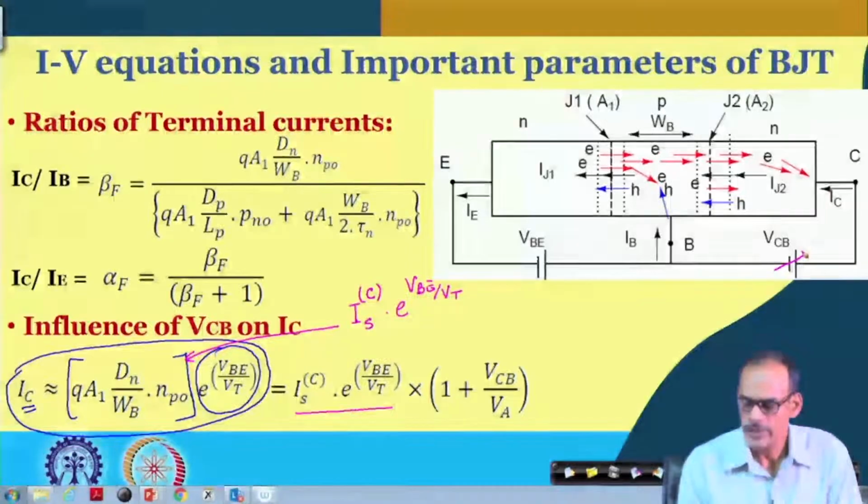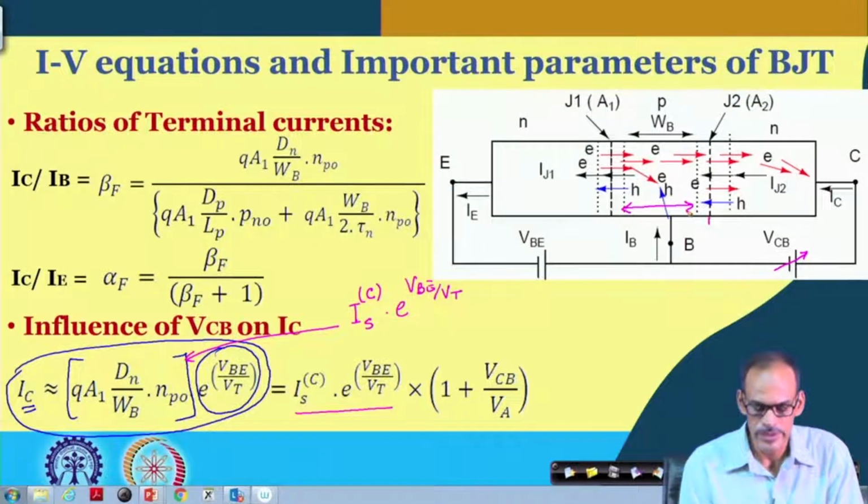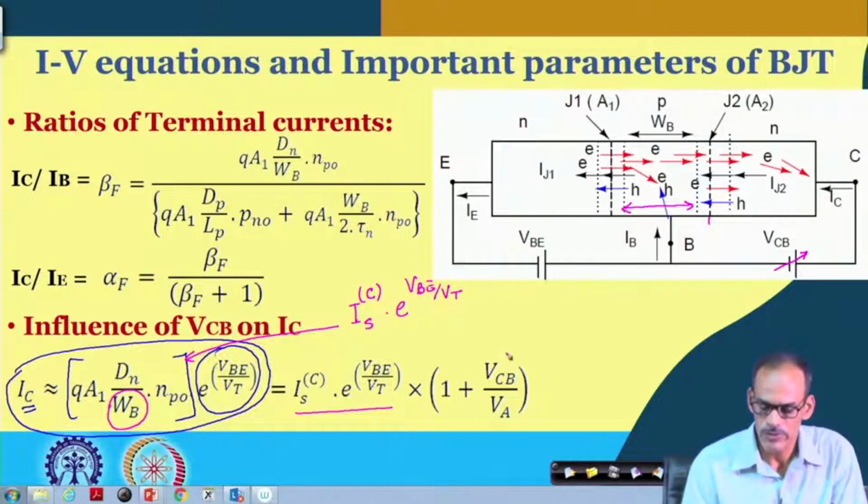And also you may be aware that if we change this VCB, the collector to base voltage, it is expected that the second junction is getting more and more reverse biased, particularly if you increase it, and as a result the depletion region around this junction increases. So, naturally that decreases the effective base width. So, if this base width is a function of VCB, this part has some weak dependency.